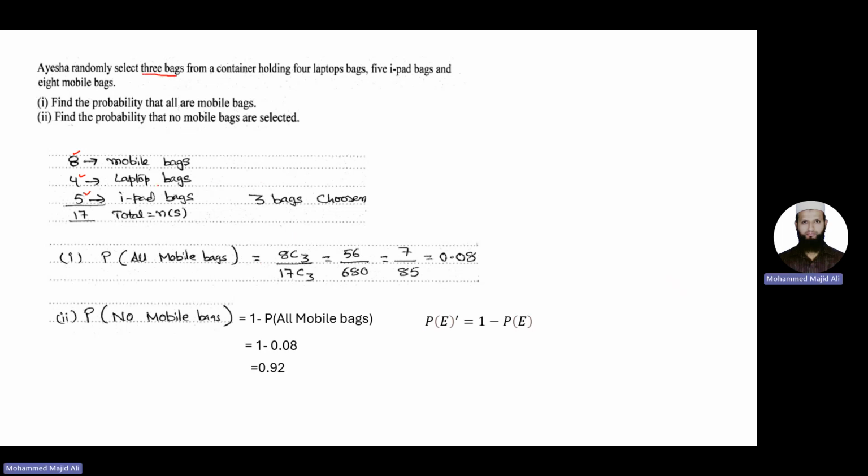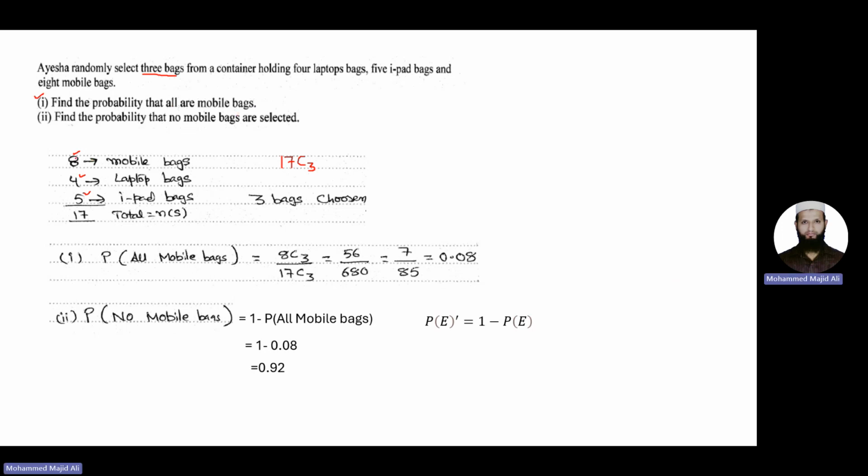So what are the total combinations of selecting 3 bags from a total of 17? It will be 17C3. That is selecting 3 bags from 17 bags, 17C3. Now, the first one: find the probability that all are mobile bags.